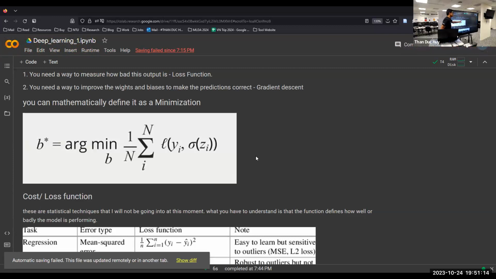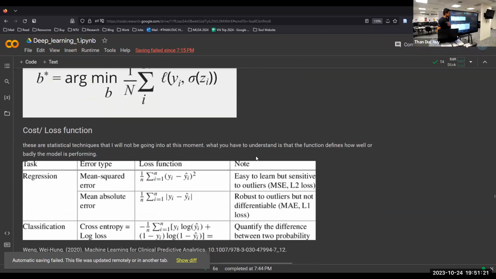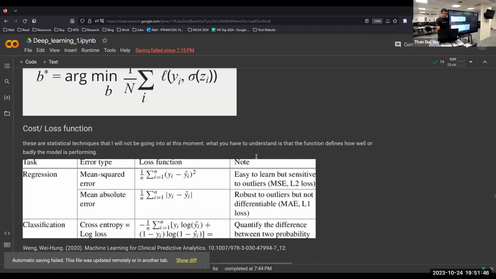So how do we determine this number of data points? n is essentially the number of data points that you have in your hand, and then you use this function to figure out the loss for all of these, and then you figure out the b for that. Okay, moving on.